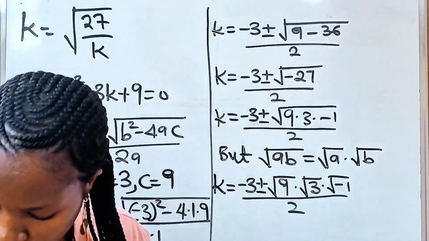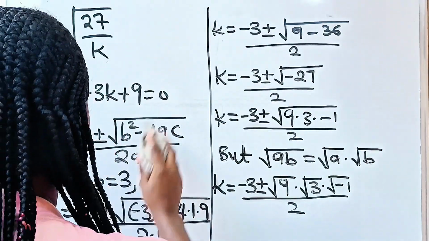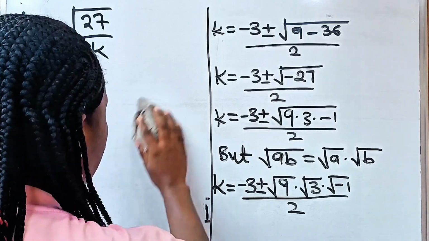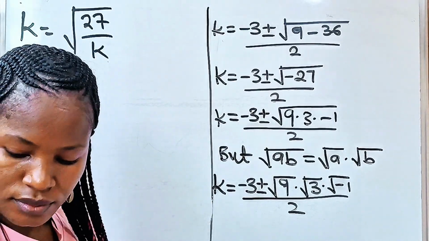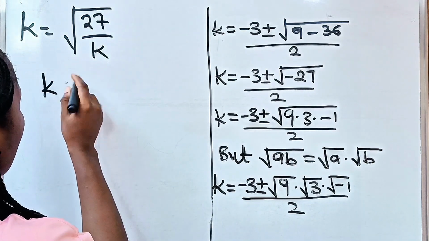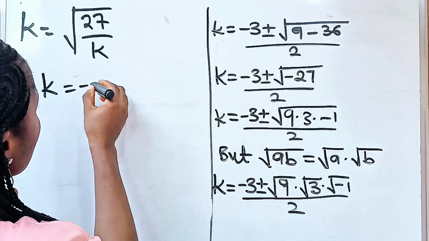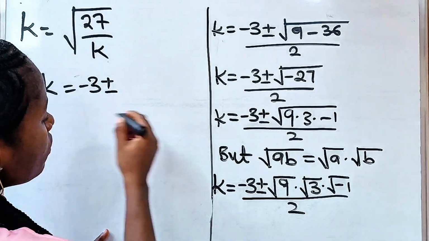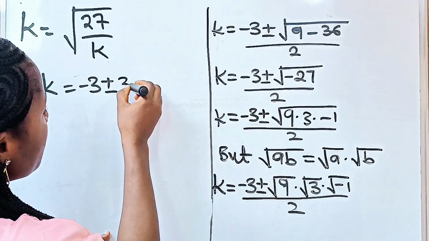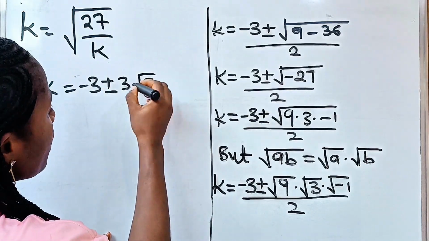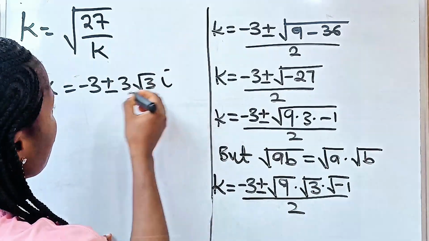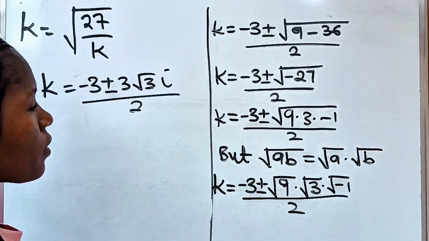So if we solve further, we will have that k is equal to minus 3 plus or minus the square root of 9, which is 3. So we have 3 root 3, and the square root of minus 1 is i, divided by 2.